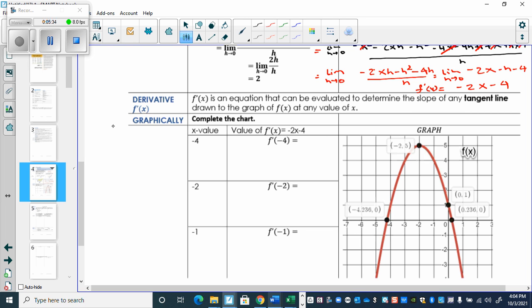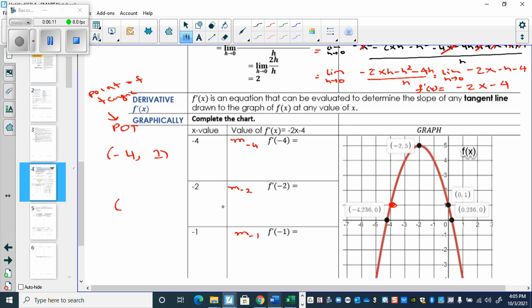Now, I'm going to make another little chart here, and this is my point of tangency. Over here, we're going to get the slope at that point, and the slope at this point. So my point of tangency is x = -4. I'm going to find it on the graph, and it is 1.